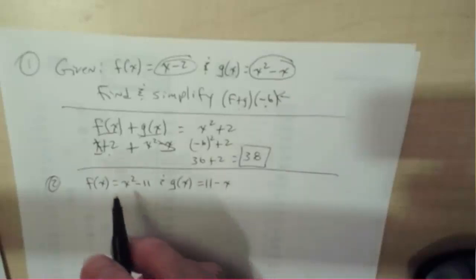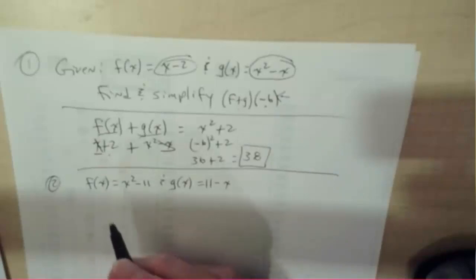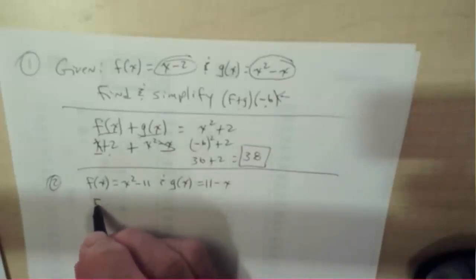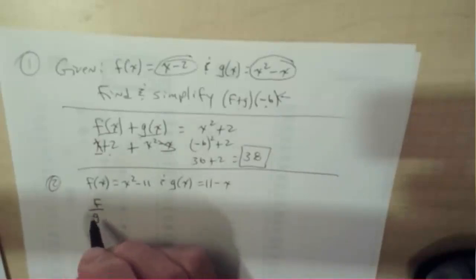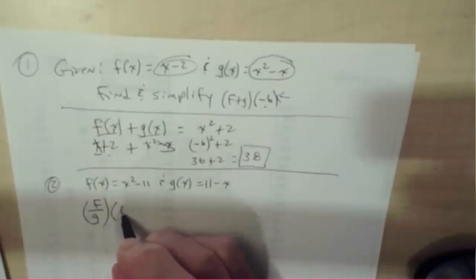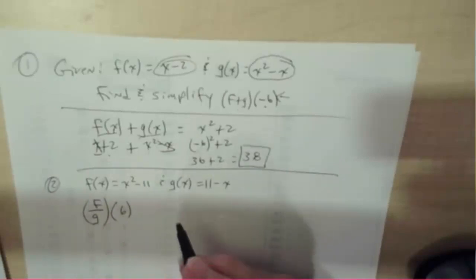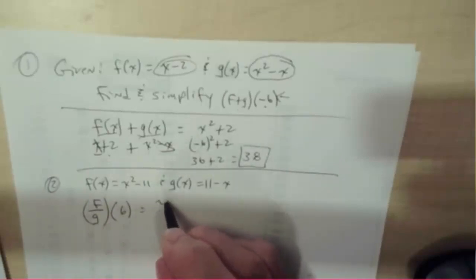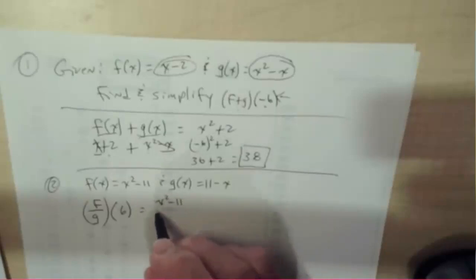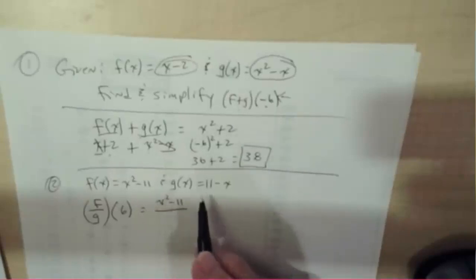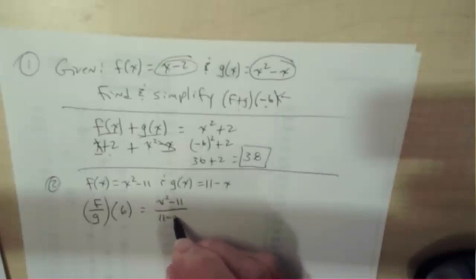So now what we want to do is f divided by g of positive 6. So we have x squared minus 11 over g of x, which is 11 minus x.